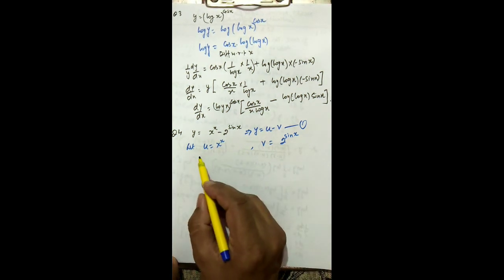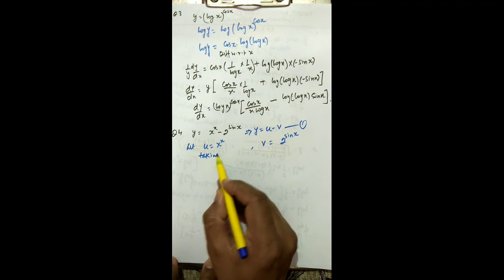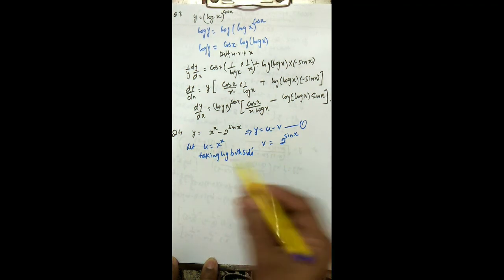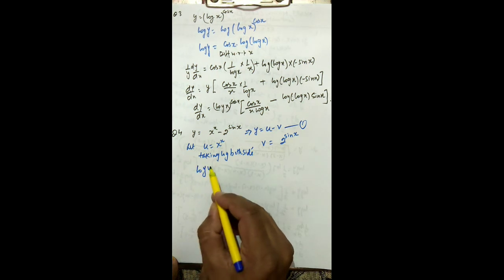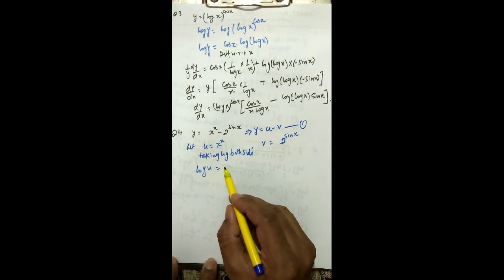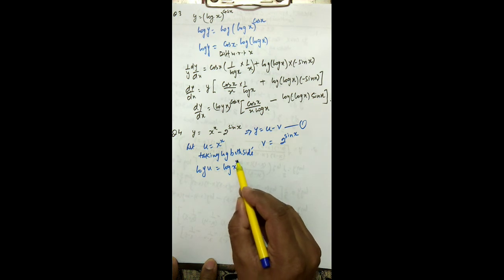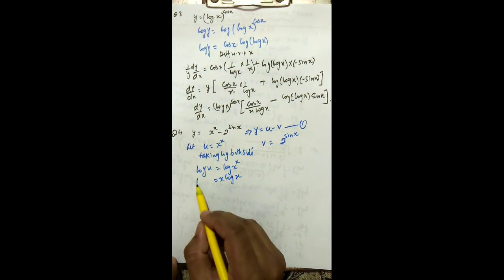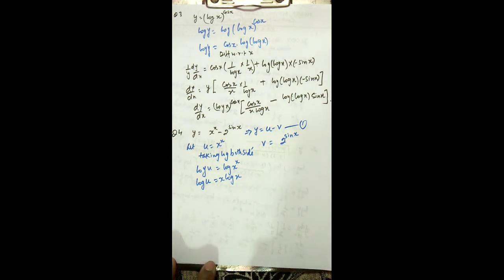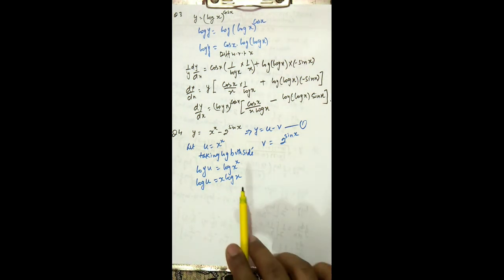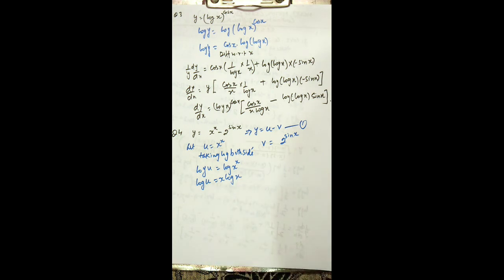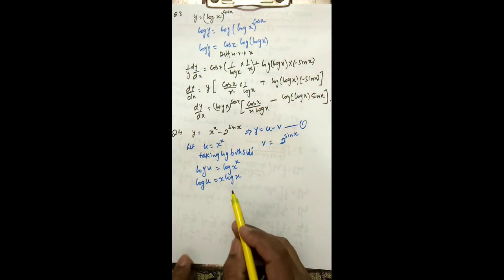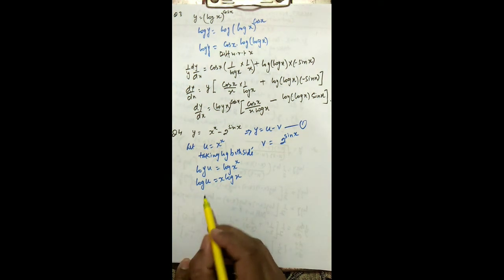We again take log both sides, so this becomes log u equals x log x, the exponent x coming in front. Keep in mind that we are assuming x is positive, because if I don't assume that, then I have to use the modulus. Now I can differentiate with respect to x.